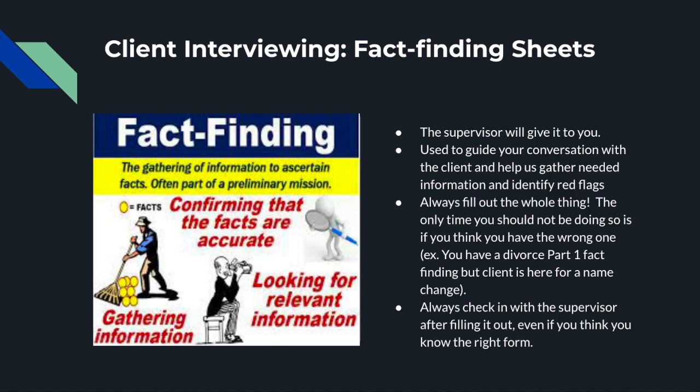And the sheet will tell you either it's a post-judgment case, a divorce case, divorce part 1, divorce part 2. It'll give you a little bit of information about what type it is, but it will also have some questions it walks you through, questions you want to hit in your interview with the client.